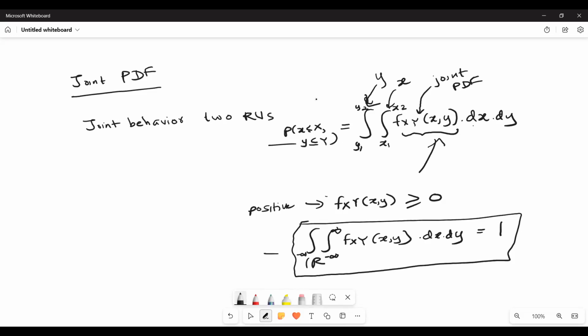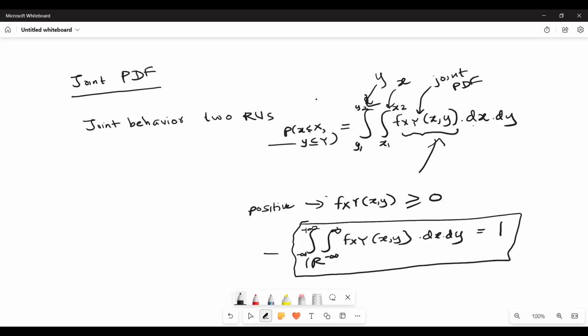And if the y value ranges from minus infinity to plus infinity, we need to consider those values as the ranges of x and y, and we take the integration over the total range of x and y to find the total integration, which is equal to 1.